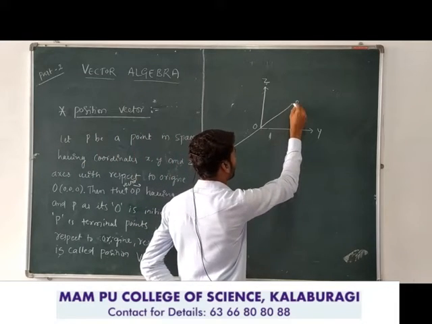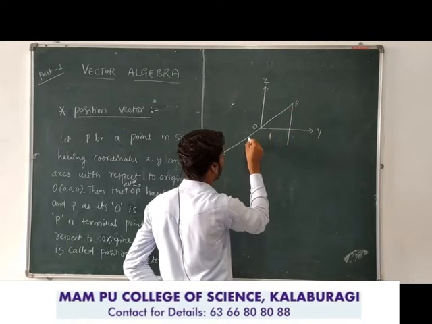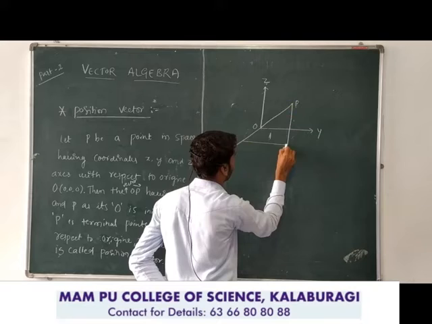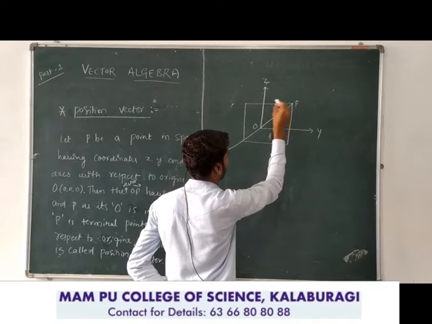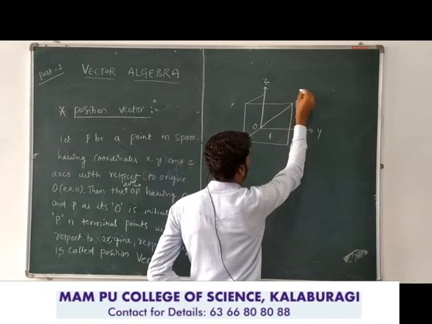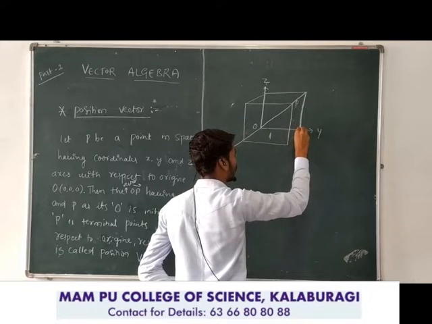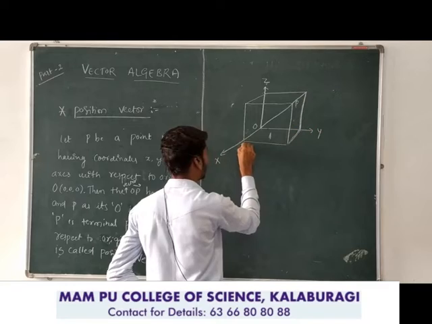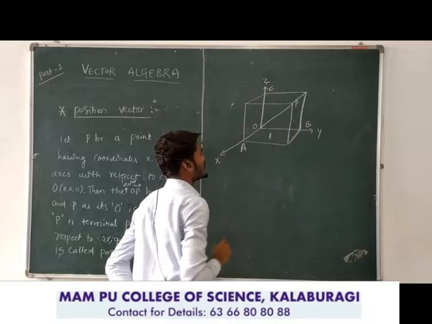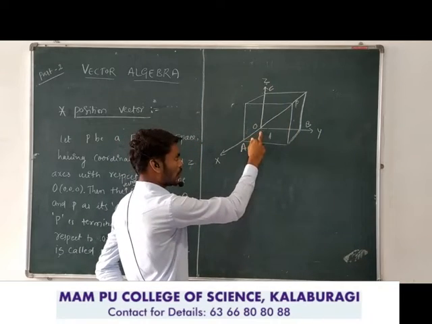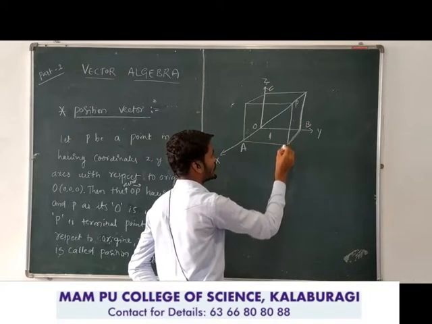Now I'll take A, here B, here C, denoted as A, B, C with respect to origin.